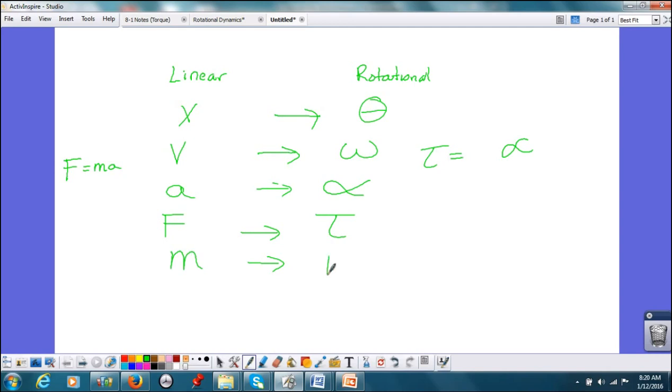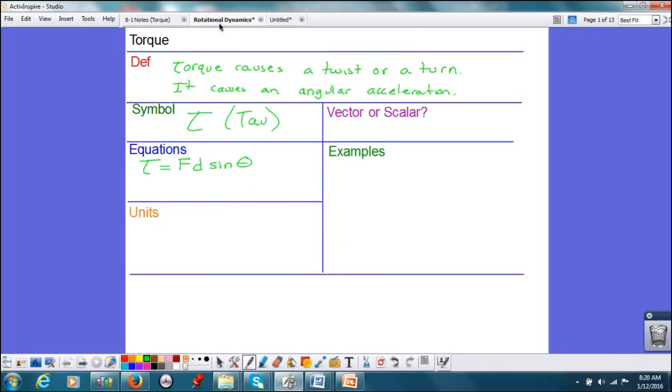Similarly, we have moment of inertia, and we use the capital letter I in rotational motion. So Newton's second law here simply states that torque is equal to the moment of inertia multiplied by the angular acceleration. So that is our next equation.